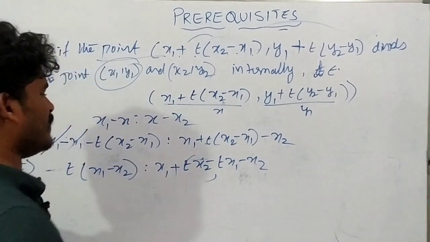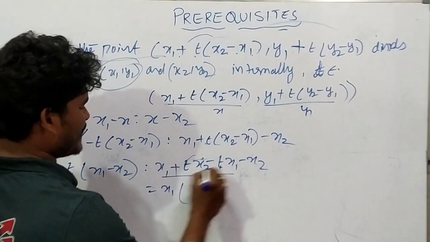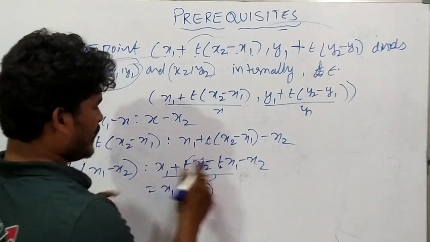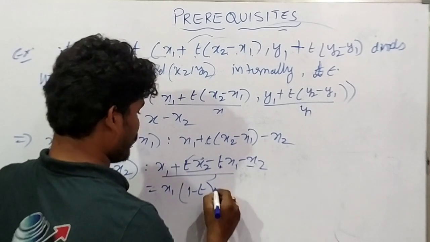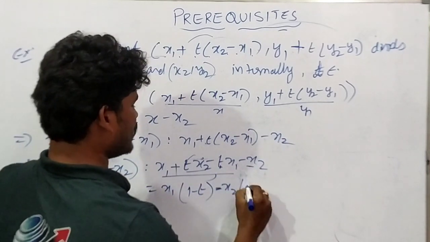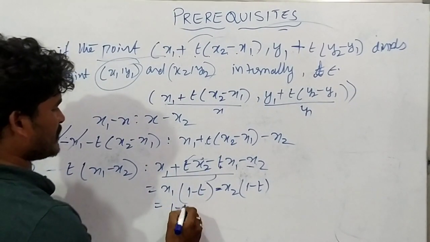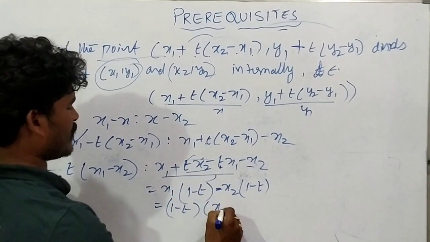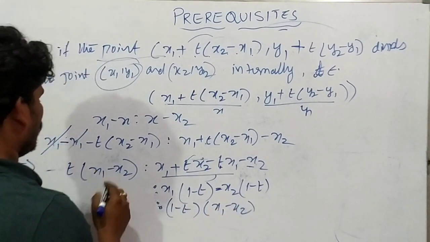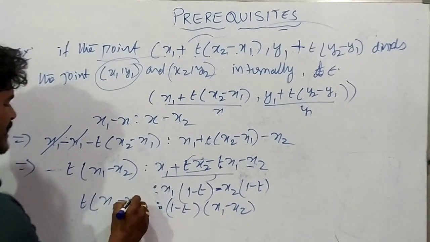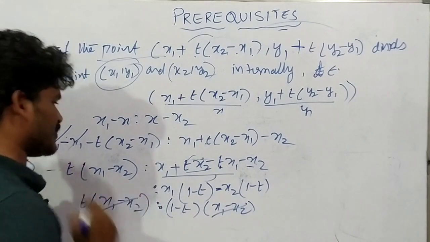Listen here: in both terms, what is common? x1 is common, giving x1(1 - t). In the same way, tx2 and minus x2 give x2(t - 1), so minus x2 is common, giving (1 - t). In both, 1 - t is common, so we get (x1 - x2). Already t(x - x2) is there, so x1 - x2 cancels and x - x2 cancels.